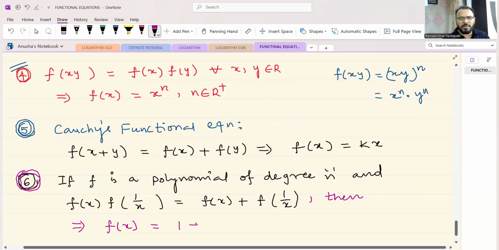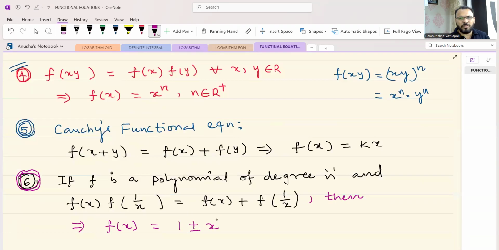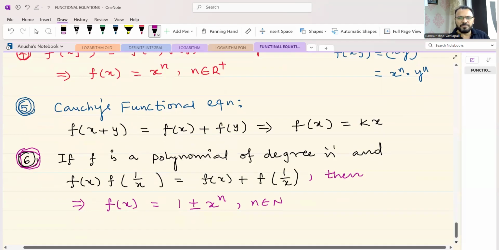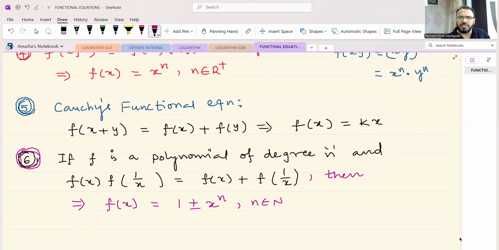We get 1 plus or minus x to the power of n, where n belongs to N. Of course, I am not taking any constant, even though you can take a constant. So f of x into f of 1 by x equal to f of x plus f of 1 by x implies f of x equal to 1 plus or minus x to the power of n.